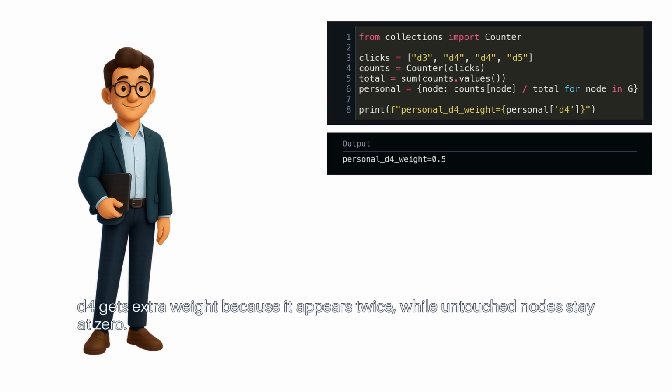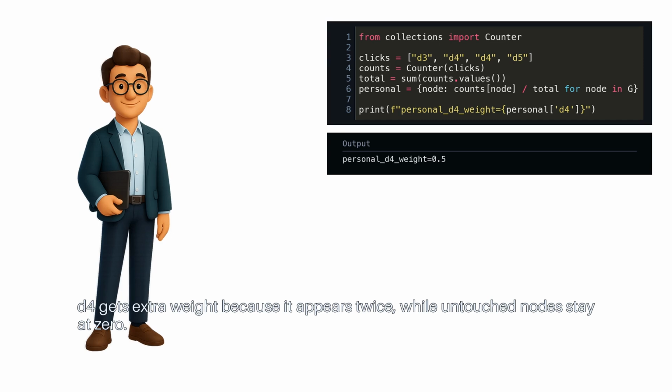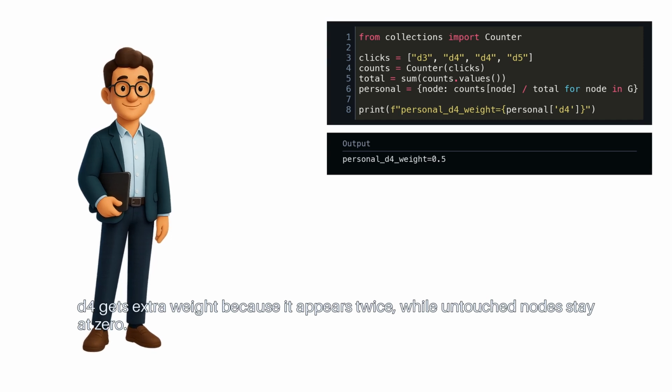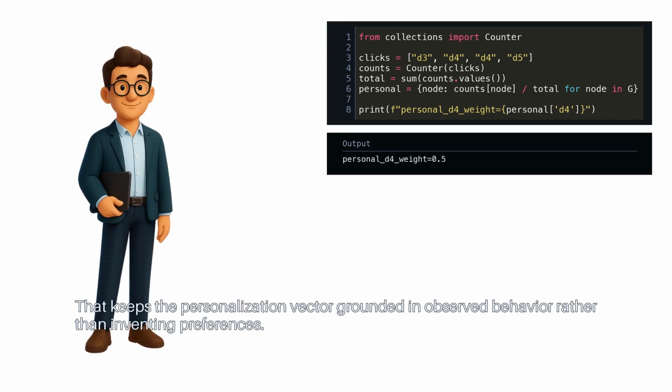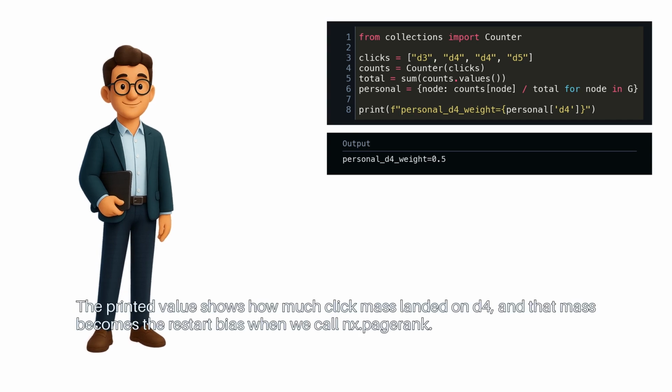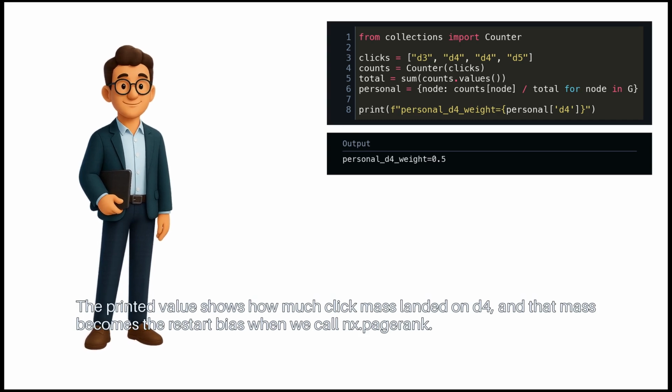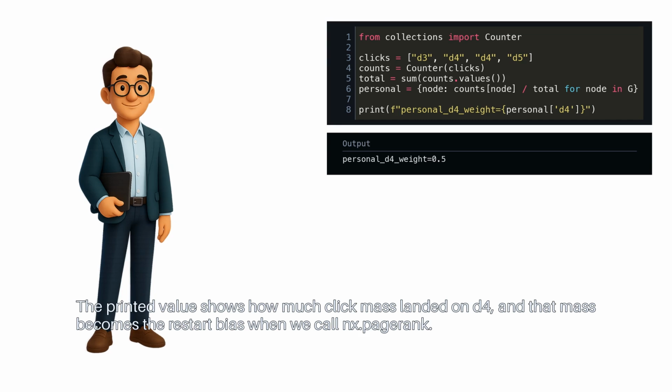D4 gets extra weight because it appears twice, while untouched nodes stay at 0. That keeps the personalization vector grounded in observed behavior rather than inventing preferences.